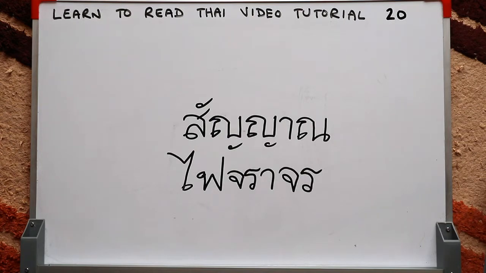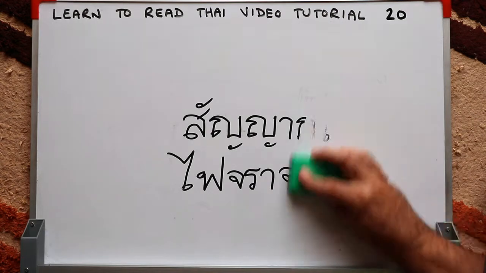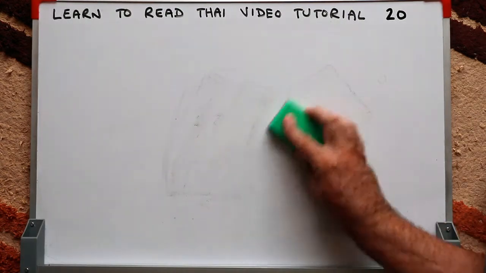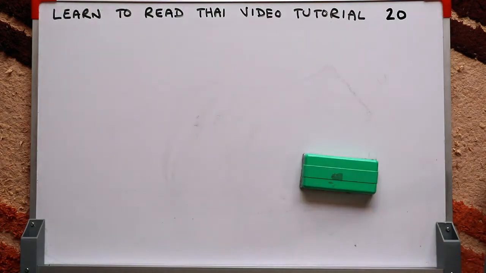You often hear people referring to traffic lights just as fai daeng, red light, but this is the actual word for traffic lights. สัญญาณไฟจราจร.